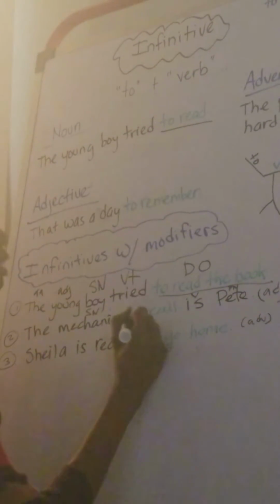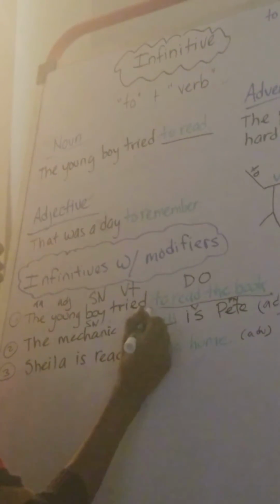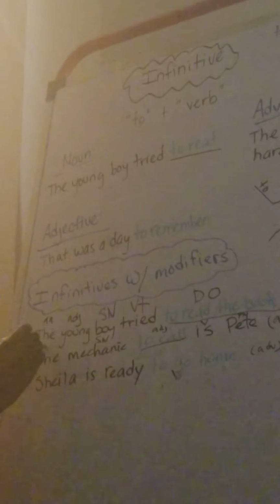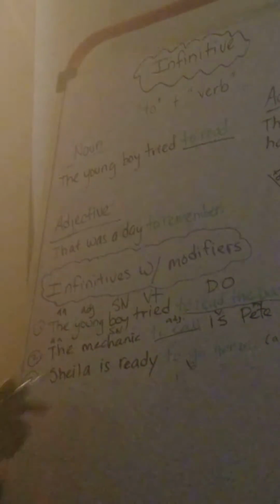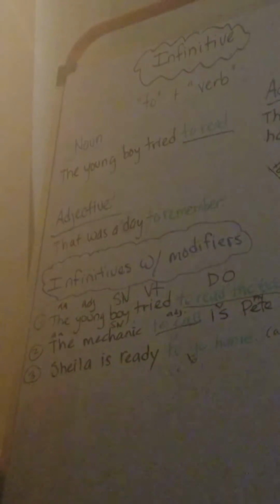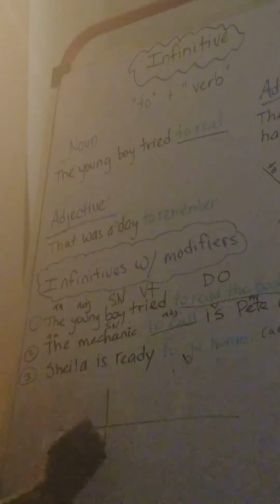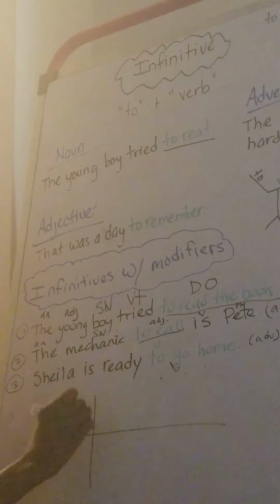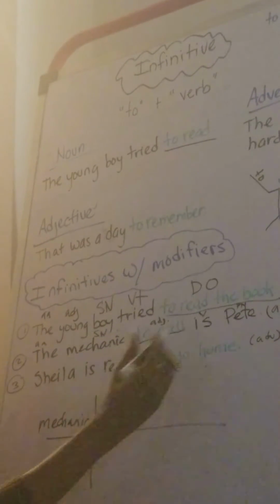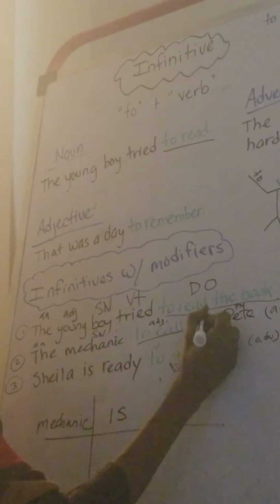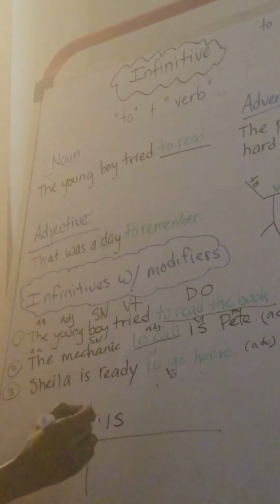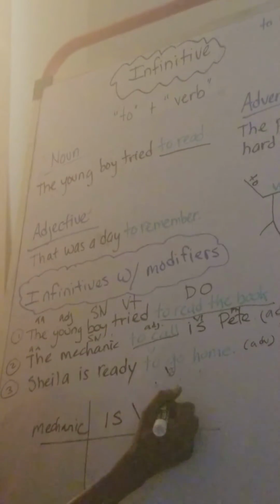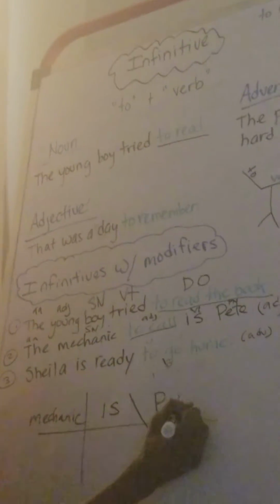To call, we already said that that was an adjective describing mechanic. The is our adjective article. So let's see how to diagram that if it were a modifier. Okay, so mechanic goes here in our subject area. Is our linking verb. And then remember, it's a diagonal line for our predicate nominative, Pete.